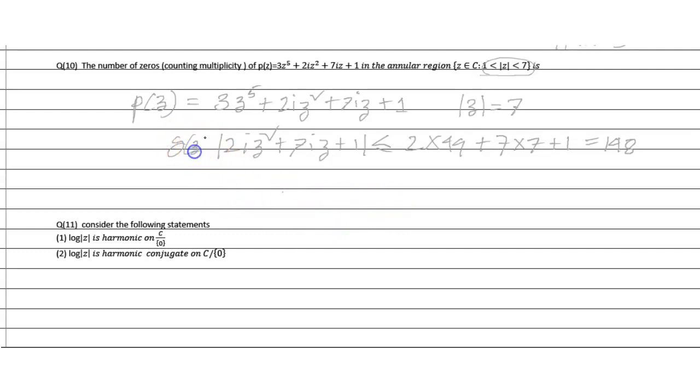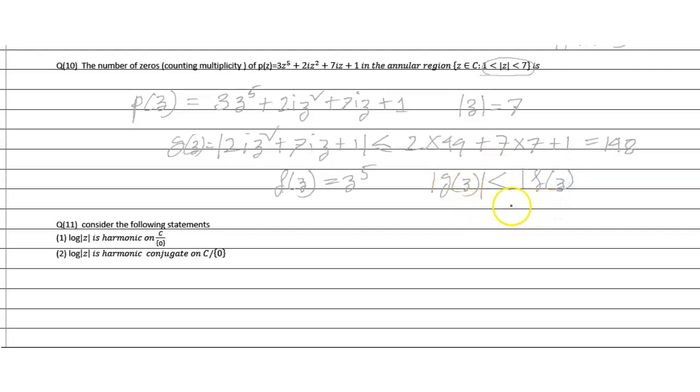This portion is called g(z), and f(z) equals z to the power 5, and mod of g(z) is less than mod of f(z).